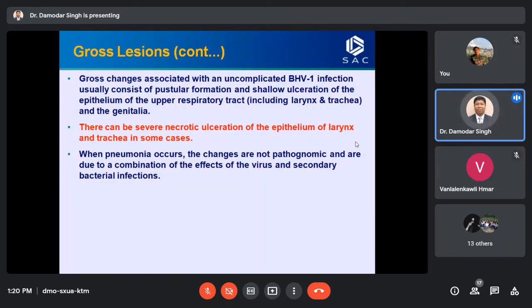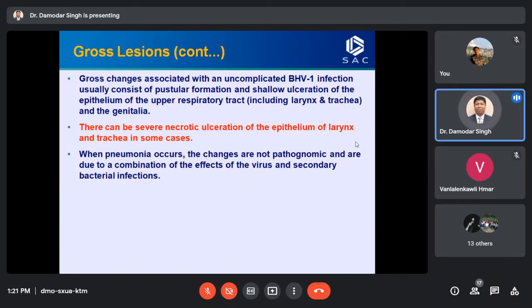And when we are talking about pneumonia, if pneumonia occurs, the changes are not pathognomonic and are due to a combination of the effects of the virus as well as some secondary bacterial organisms. That means in such cases of IBR, if the animal starts showing signs of pneumonia, then you can think that it is not due to this very particular bovine herpesvirus.